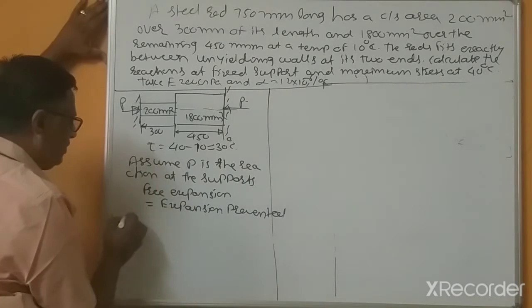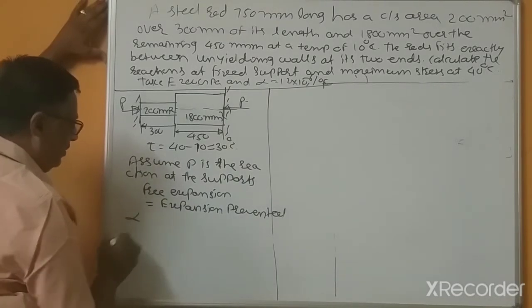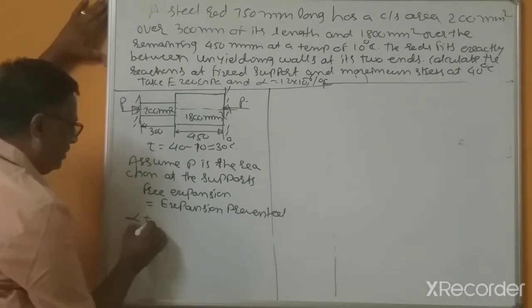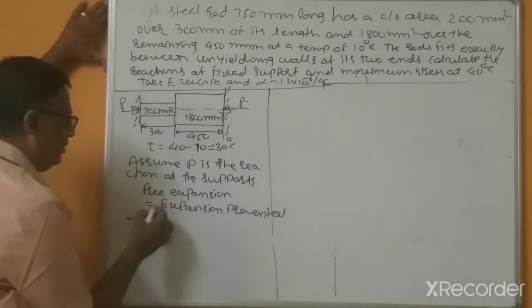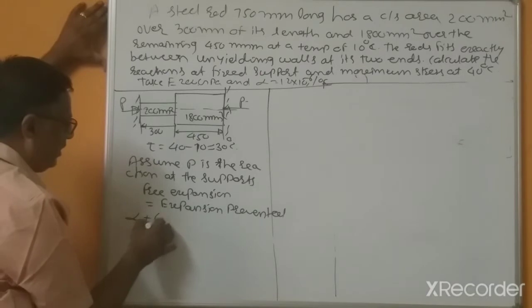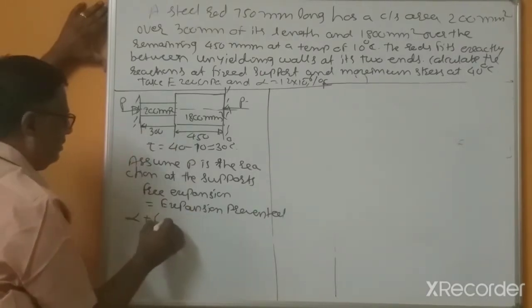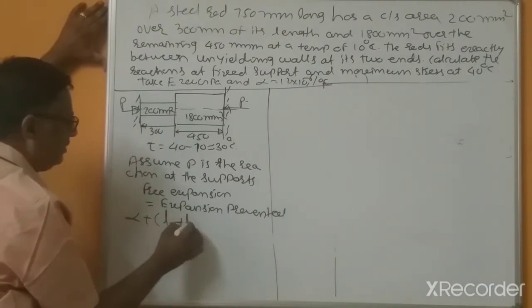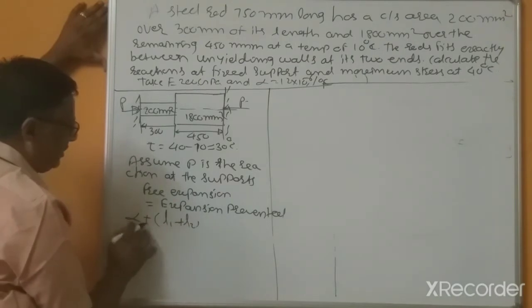The free expansion is alpha into T, because it is the same material, so alpha T into L1 plus L2, taking it common.